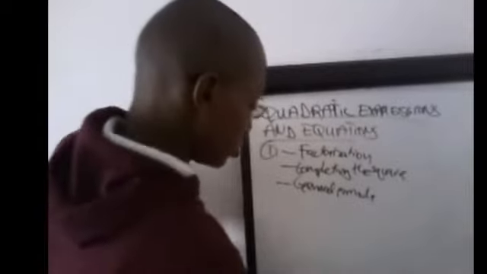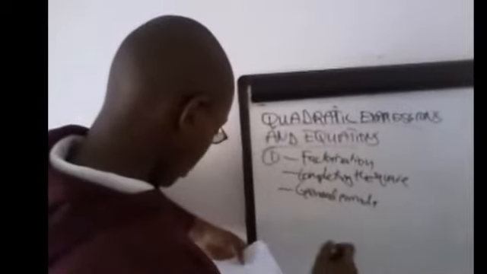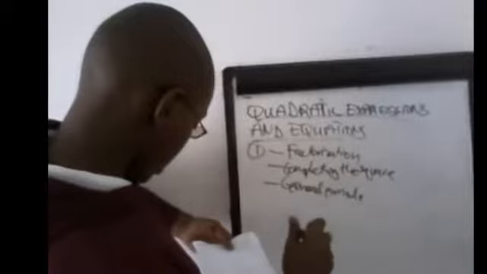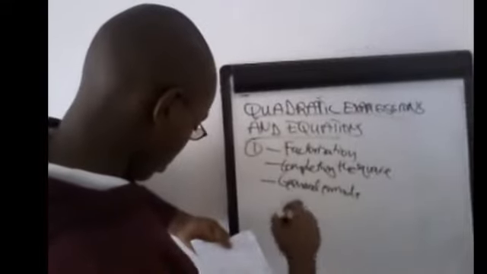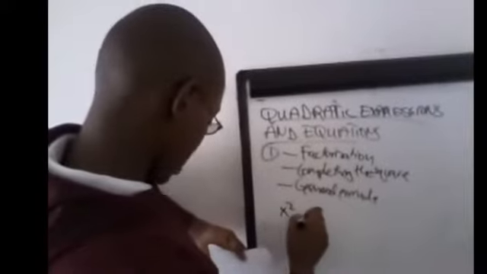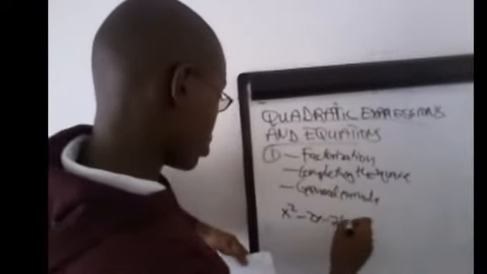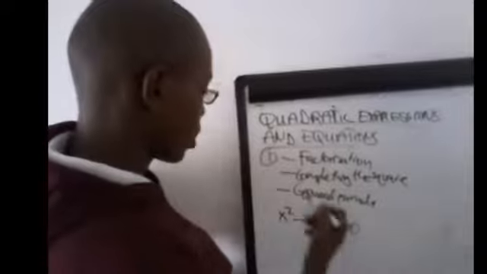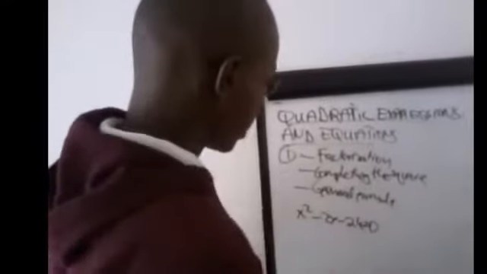So let's factorize this quadratic problem. We have x squared minus 2x minus 24 equals 0. Let's solve for x.